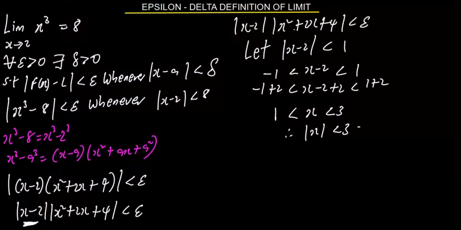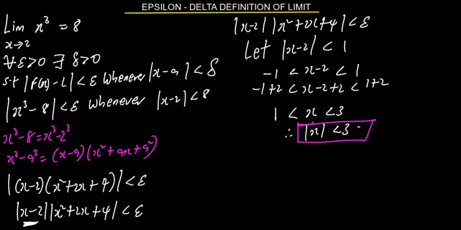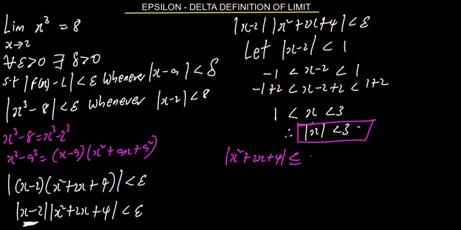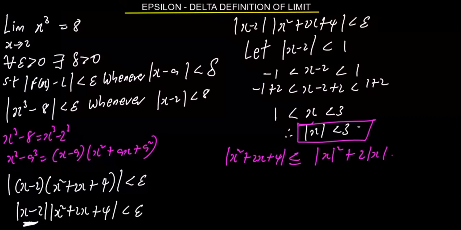Remember, from triangle inequality, keep this somewhere, less than 3. Remember that if I have absolute value of x squared plus 2x plus 4, this that I'm having here is actually less than or equal to absolute value of x squared plus 2 absolute value of x plus absolute value of 4.